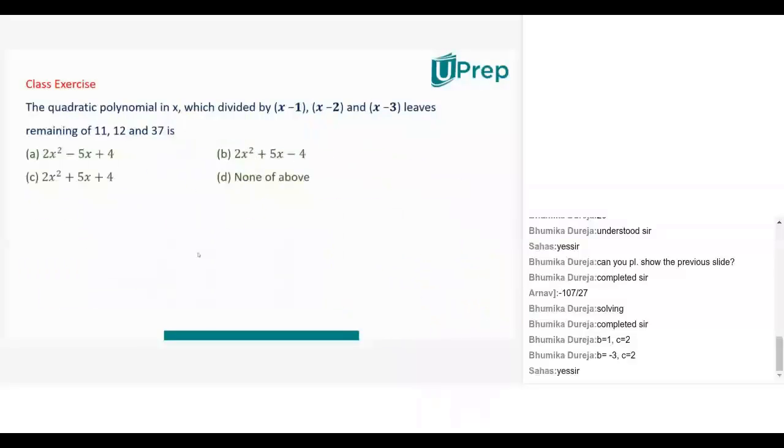One last problem. The quadratic polynomial in x which, when divided by x minus 1, x minus 2 and x minus 3, leaves remainders 11, 12, and 37.